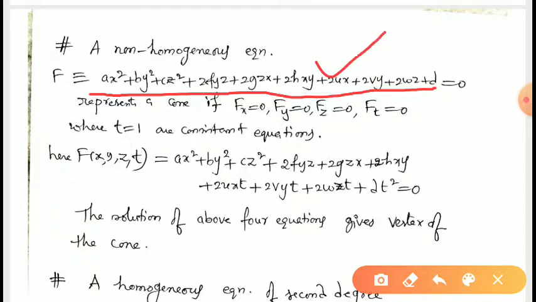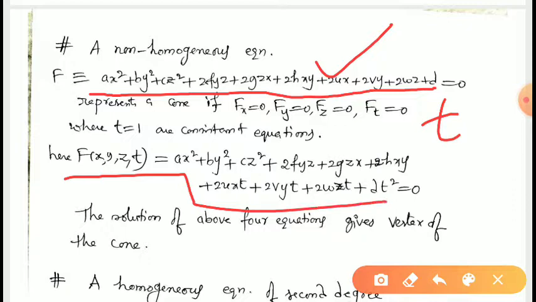We convert this equation into a homogeneous one with the help of a new variable t. The converted homogeneous equation is f of x, y, z, t equal to ax square plus by square plus cz square plus 2fyz plus 2gzx plus 2hxy plus 2uxt plus 2vyt plus 2wzt plus dt square.